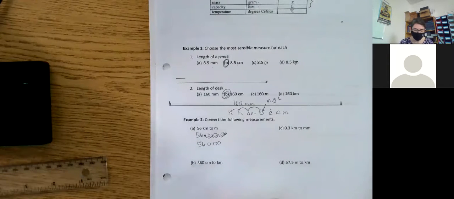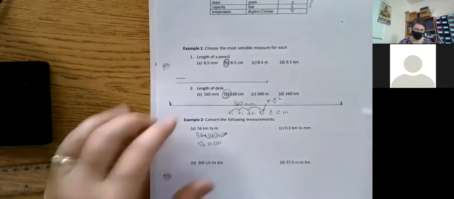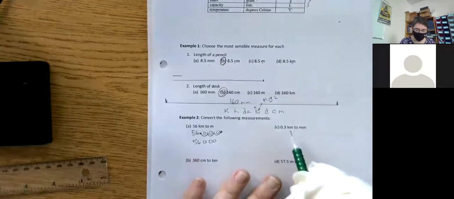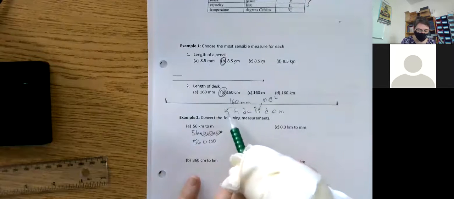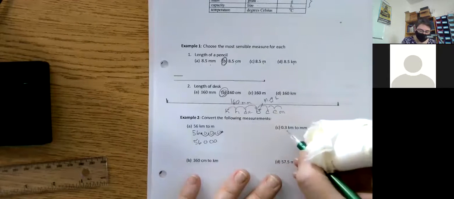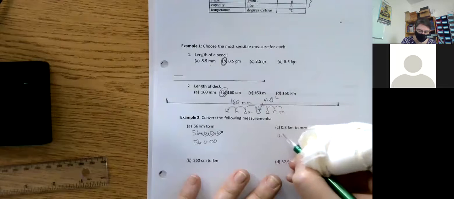Okay. So from kilometers to millimeters. Oh, I shouldn't have done that in pencil. Well, I guess we'll just erase it. Whoops, so sorry. I'm going from kilometers to millimeters. So that's going to be 1, 2, 3, 4, 5, 6 steps. So I take my decimal.